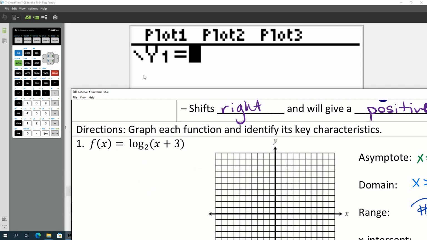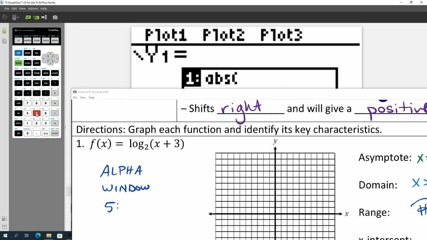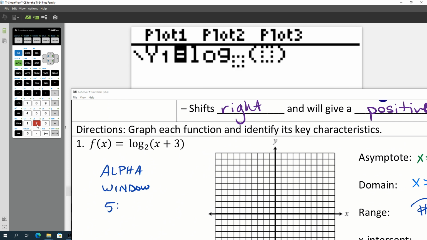So we're going to go to y equals in the calculator. And then we're going to type this in. Do you guys remember how to get the log-based stuff? Good. So alpha, window, 5. All right, and then I'll just go ahead and put my base of 2, and inside the parentheses, put x plus 3.